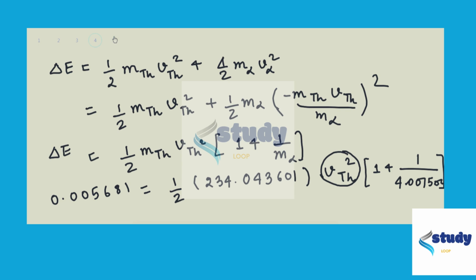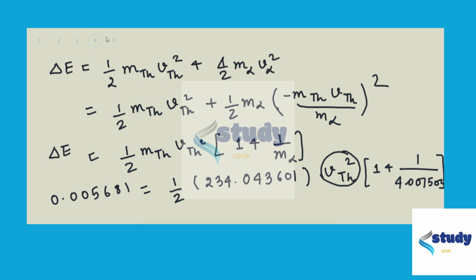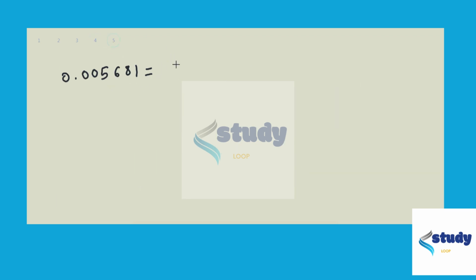Let me put everything back. 5681, 234.043601, that is 517.021800, right?